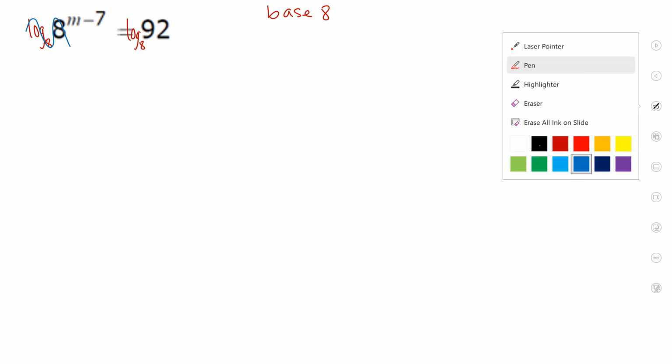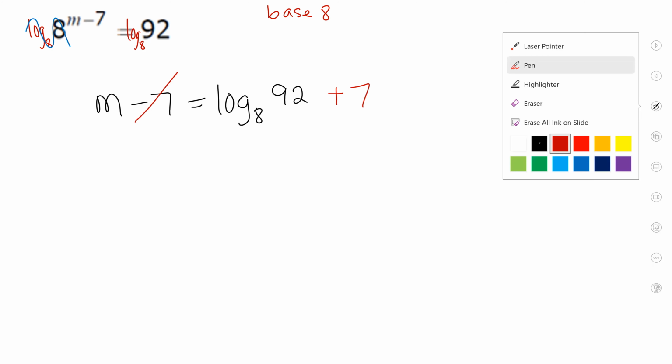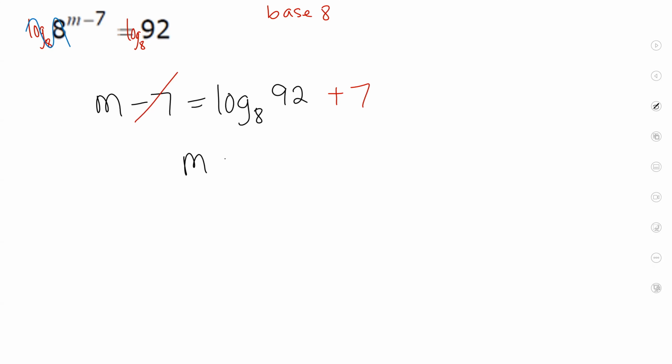So what I am left with is m minus 7 equals log base 8 of 92. We're not quite done yet. What do I need to do to get m by itself? Yep, so we're going to add 7. So my answer is m is log base 8 of 92 plus 7.